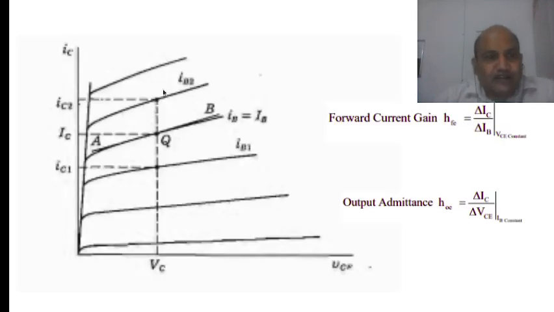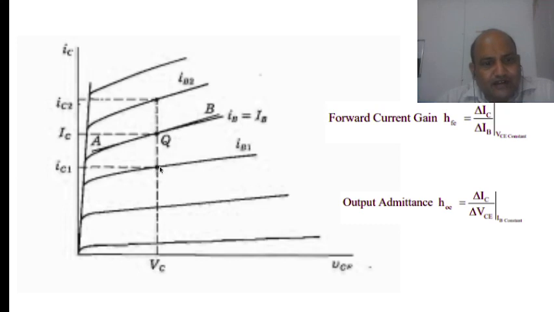How will you get that? When you plot those things, you will get this type of curve at different IB1, IB2, like this. So how will you calculate the HFE? Select a point, see the variation in collector current.